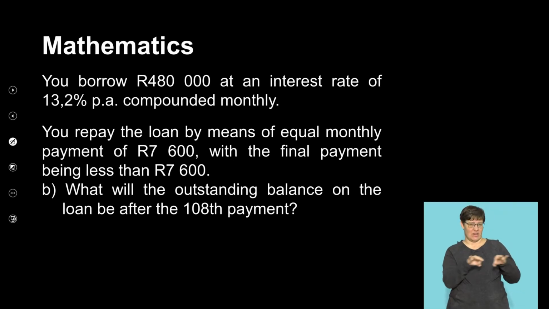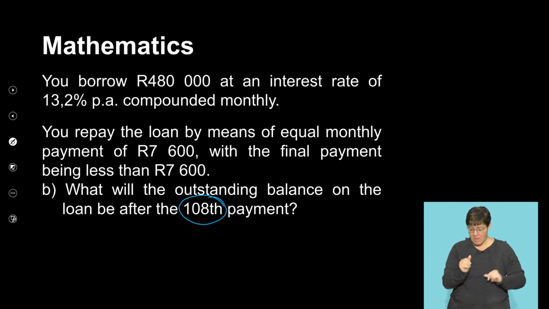So now they say, if I repay this loan and my final payment is less than this, what will then be my outstanding balance if it happens that at the 108th payment, the payment is not one that makes the loan zero.